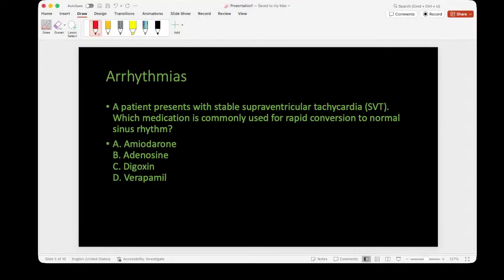Now, when it comes to these drugs, you already know this is a calcium channel blocker, and then you also know that digoxin is going to be used to increase the intracellular calcium.